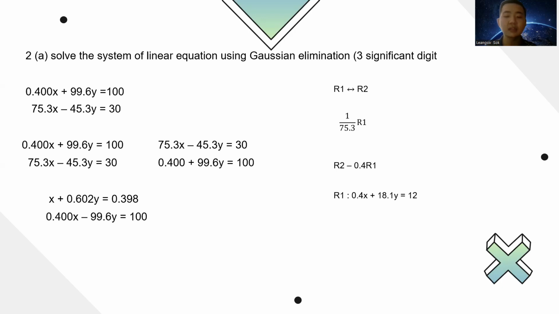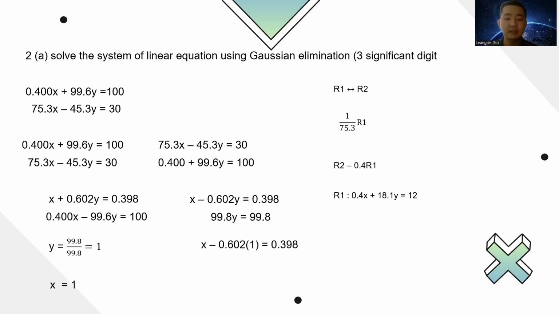But we only use 3 significant digits, so we will get 18.1y. Then the second equation, we will get 99.8y is equal to 99.8. Third, y is equal to 1. Substitute y into the first equation, we will get x is equal to 1. This is a huge error because the last time we see that y is equal to 1 and x is equal to -1. So there is a huge difference between these.